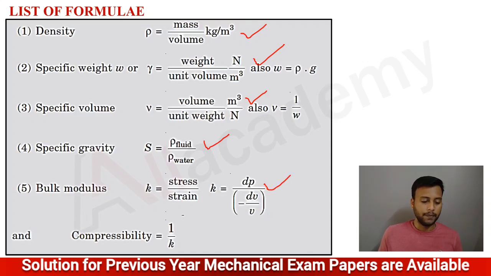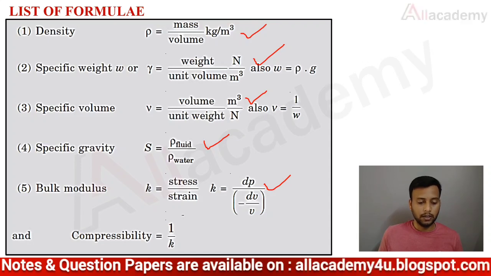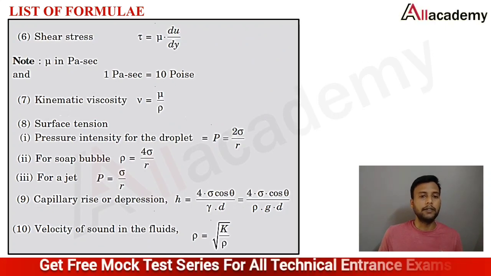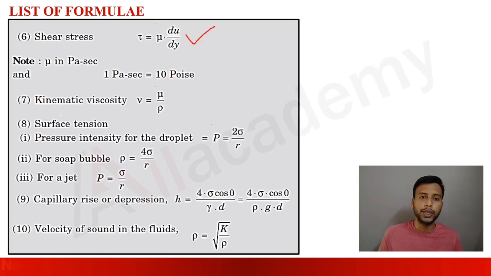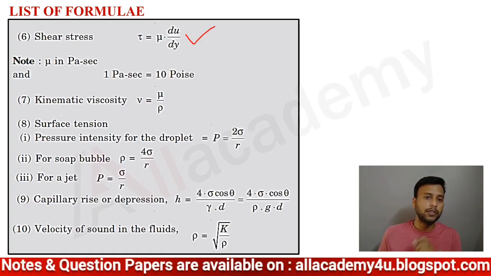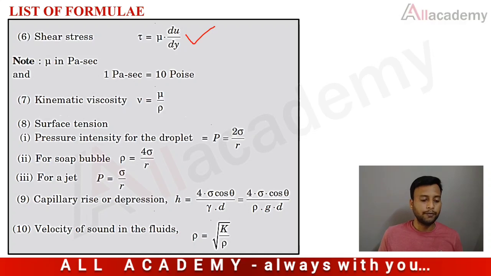Compressibility is given by 1 by K, the reciprocal of bulk modulus. Similarly, in viscosity we discussed the shear stress: tau equals mu into du by dy, where mu is the dynamic viscosity and du by dy is the velocity gradient. Du is the change in velocity between two adjacent layers, and dy is the distance between the two adjacent layers of a fluid.